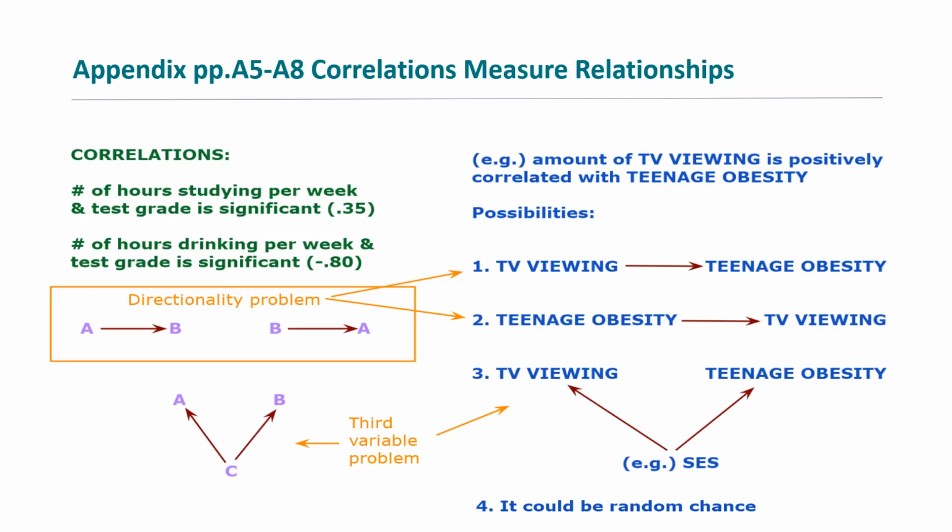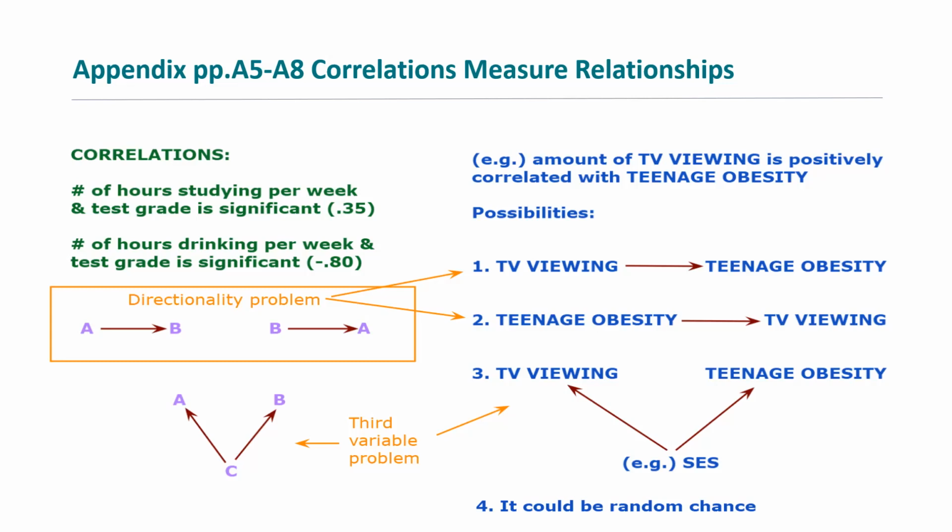They found that the number of hours studying per week correlated with test grade was significant at 0.35. It's a positive. So when you see this, imagine you're reading it in the textbook, as soon as you see the number, you know what this means. Oh, more hours of studying led to higher grades because it's a positive correlation. So you know that they're going in the same direction.